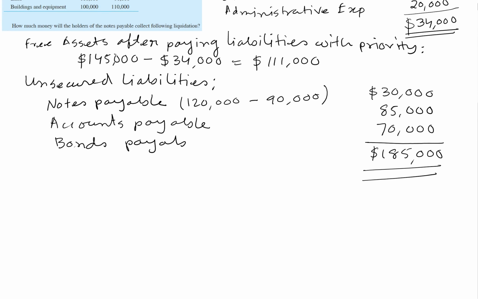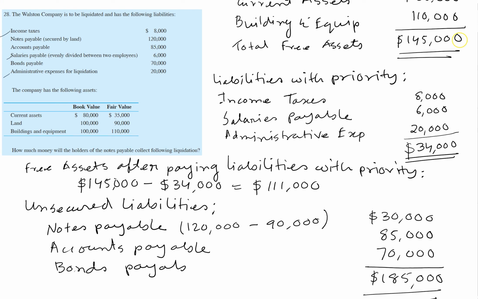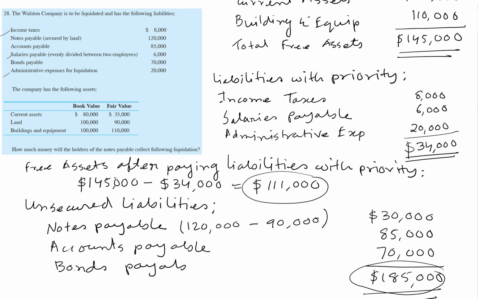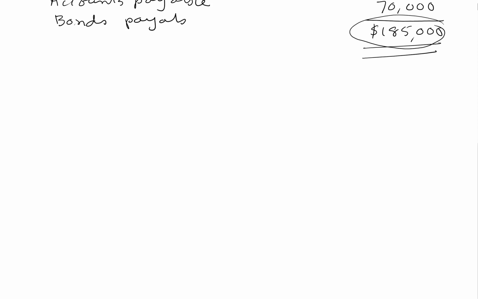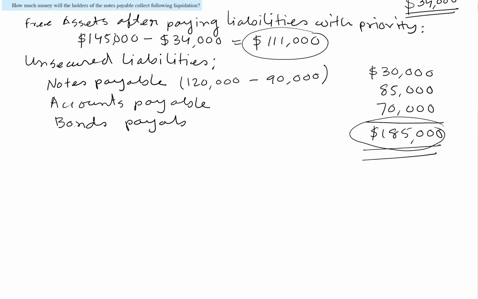Now look at the free assets. How much free assets do we actually have? Total free assets is, as we did here, $111,000, and then we have this unsecured portion of liabilities, which is $185,000. That means our free assets are not enough to cover all these unsecured liabilities. So we'll check what percentage of unsecured liabilities can be paid using this amount.